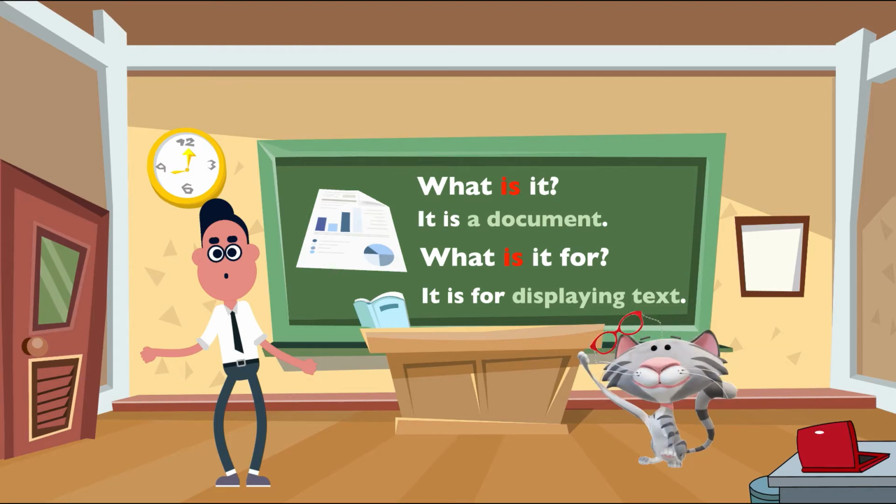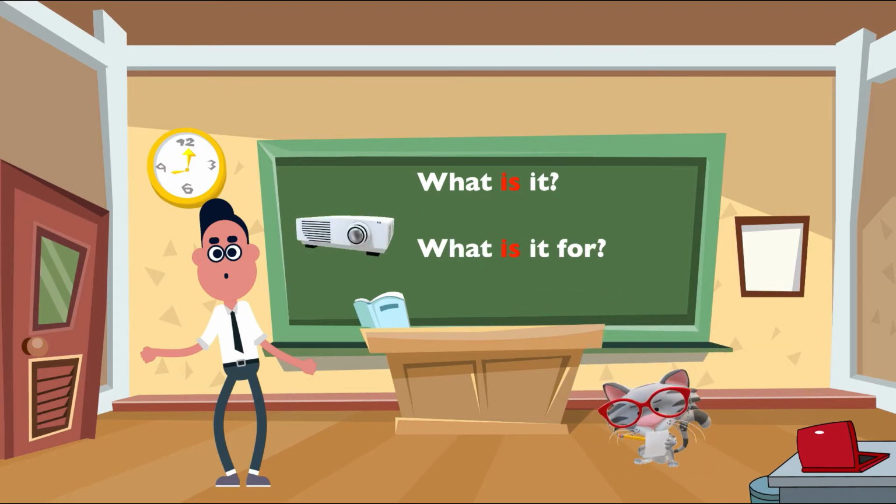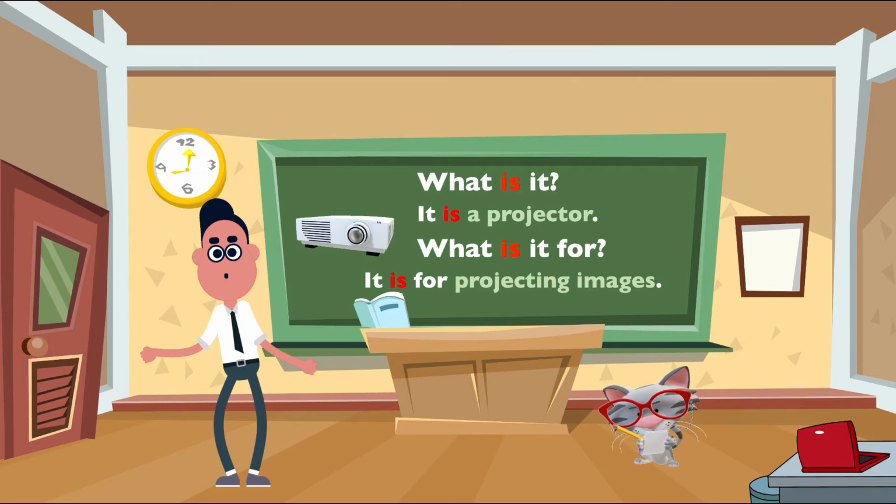Let's look at the second one. What is it? It is a projector. Notice that noun phrase there again, after the main verb is. And what is it for? I can do this. It is for projecting images. Oh, well done, Young-hee. Seems like you had good knowledge there.